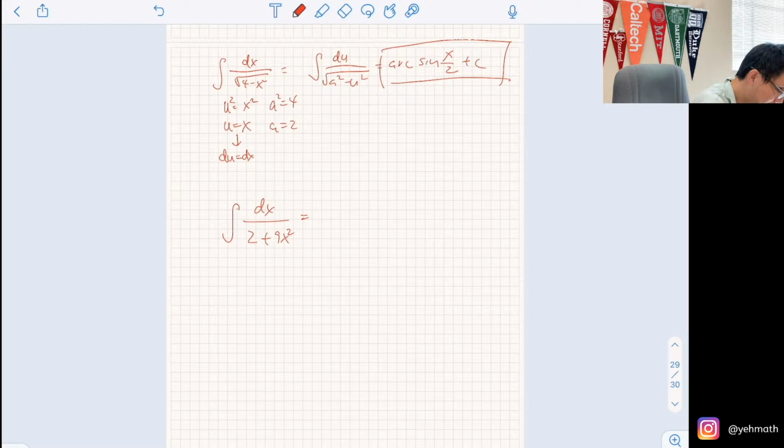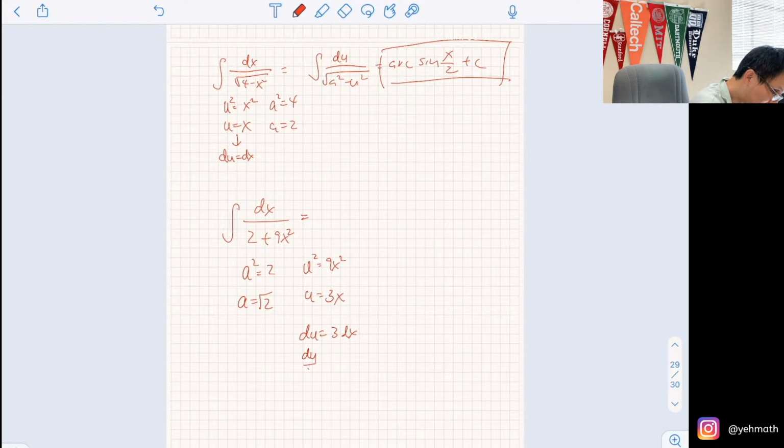Well, I'm going to do it here. a squared is equal to 2. Does that make sense? So a must be square root of 2, sorry. u squared is equal to 9x squared. What is u? 3x. Did you take du? Are you sure? And did you solve for dx?